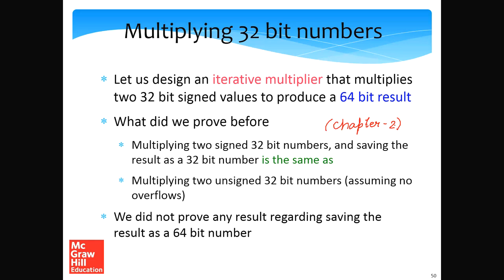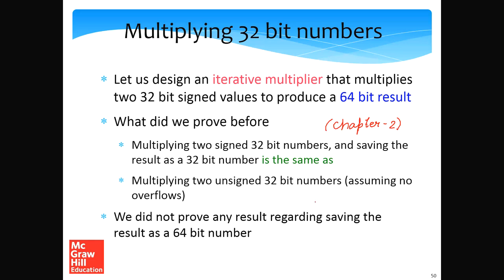Considering both the 32-bit numbers to be unsigned numbers and performing regular unsigned multiplication on them, and then using the last 32 bits as the result, right? So that's what we proved, and we showed examples that it works, and we also theoretically proved that this result is correct. In this case, what we want to do is slightly more generic and more complicated.